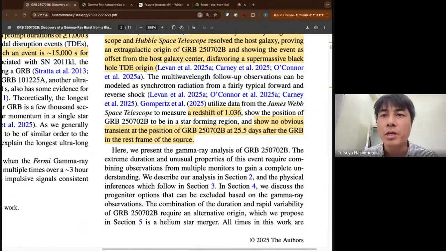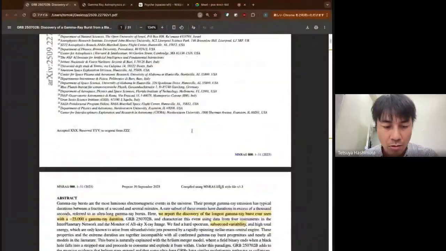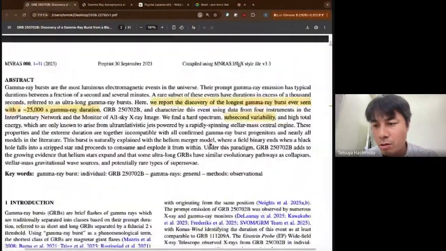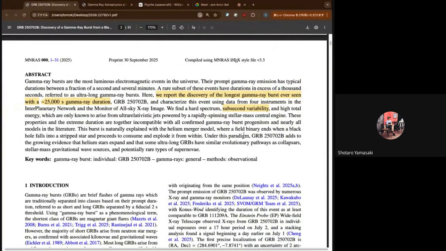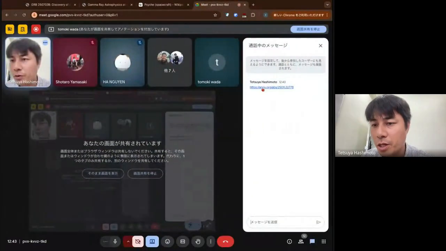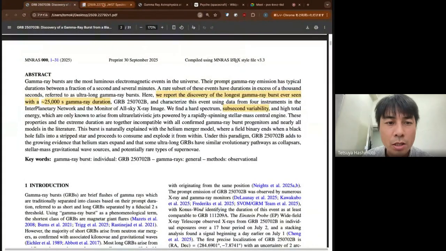I can put a link to that. Thank you very much. I missed that point. This one. Thanks. So this is a different paper? Different paper, yes, another paper reporting the host galaxy. I think this galaxy population is rare for long gamma ray bursts.